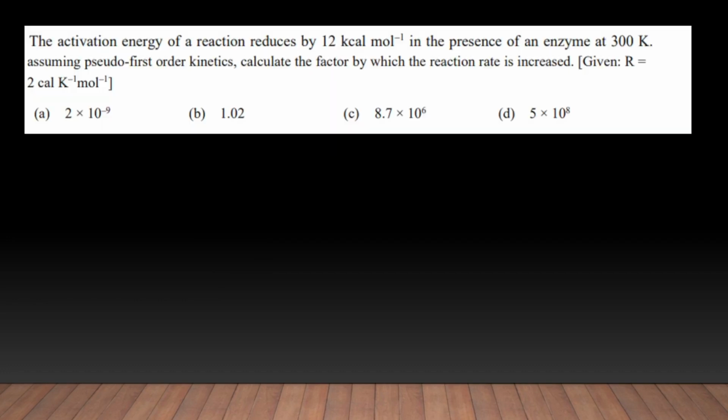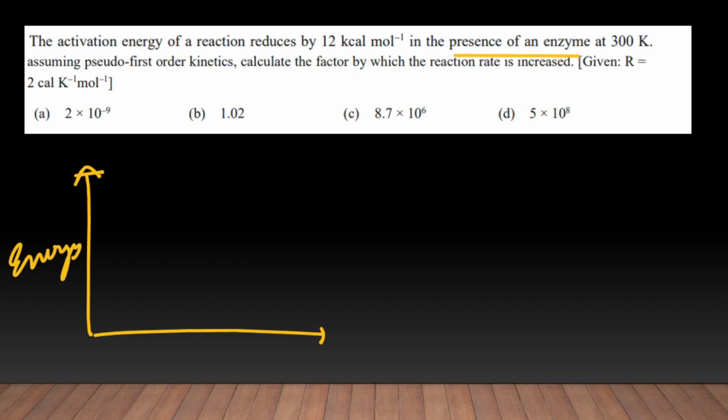Next is this: the activation energy of a reaction reduces by 12 kilocalories per mole in the presence of the enzyme. Firstly, the reaction was carried out like this. This is the plot of energy versus reaction progress.